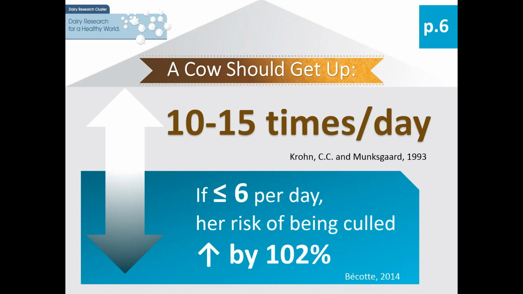So a cow that's not allowed to rise or lie down this often is not allowing us to reach our objective. Truly. These cows are getting removed sooner from the herd, reducing our ability to keep that cow in the herd and keep producing profitable milk.